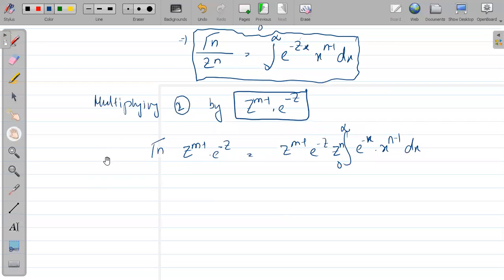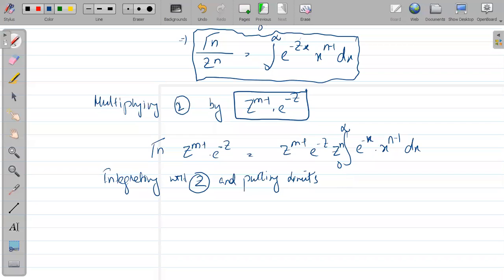No issue. Okay. Now I'm integrating with respect to z and putting limits z equal to 0 to z equal to infinity. That means we have to put the integration symbol here on both sides. z to the power m minus 1 dz from 0 to infinity.